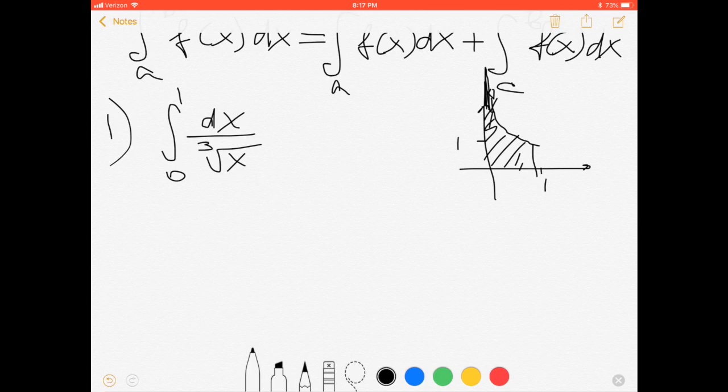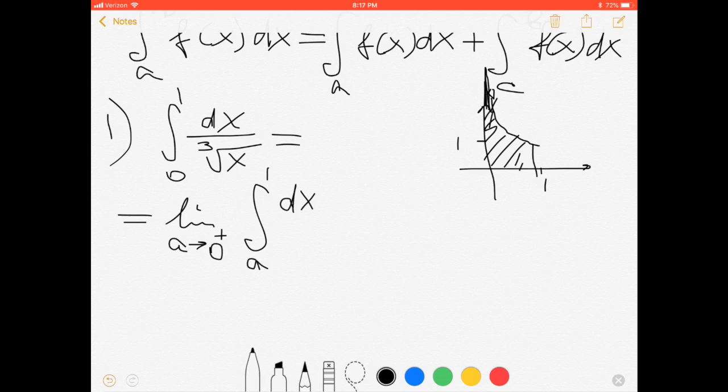What do we have here? We have the limit as a approaches 0 from the right of the integral from a to 1 of dx over the cube root of x. Here we can integrate. The power of x here is negative 1/3. Add 1 and it will be 2/3.